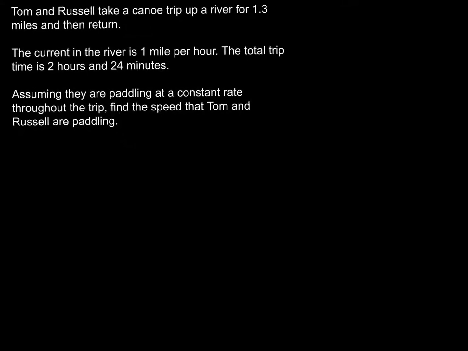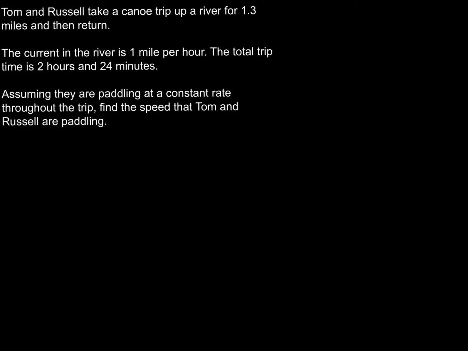Alright, so the big key here is to realize that in order to find the speed at which they're paddling, and maybe we'll call this x, we need to write an equation. So our plan, and this is a plan that we have whenever there's a missing piece of information, is to represent it with a variable and create some equation with it so that we can solve for it.